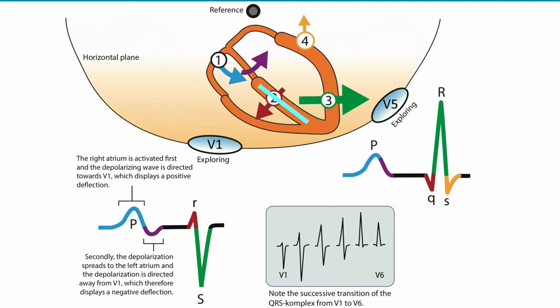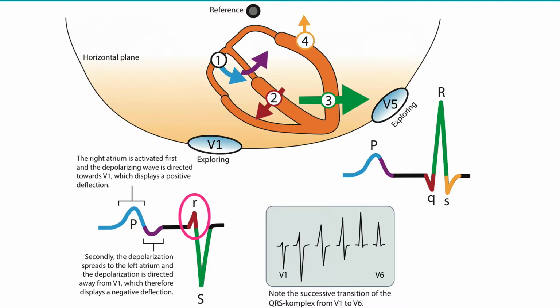So the vector will be directed as shown by this arrow. That is, the vector will be directed anteriorly and to the right. So lead V1 will detect a vector traveling towards it. And this vector is actually small, and that is explained by the fact that the interventricular septum consists of a rather small muscle mass.